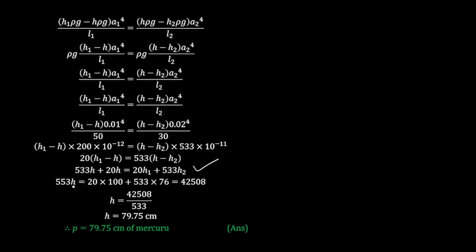So we have 553H equal to, we substitute for height H1 and H2 of the mercury column corresponding to pressures at A and at B, and then finally get the height to be 79.75 centimeter. Now this is the height of mercury for the pressure at C. Thus the pressure at C is 79.75 centimeter of mercury.